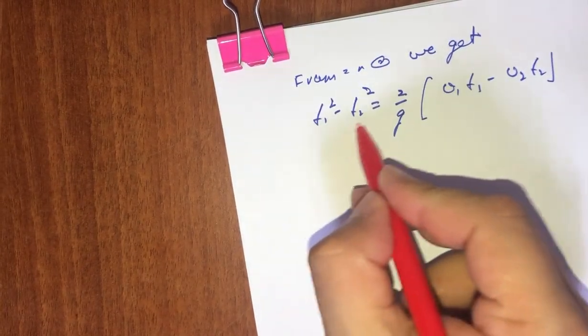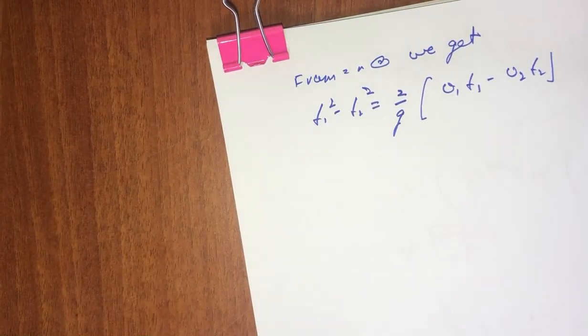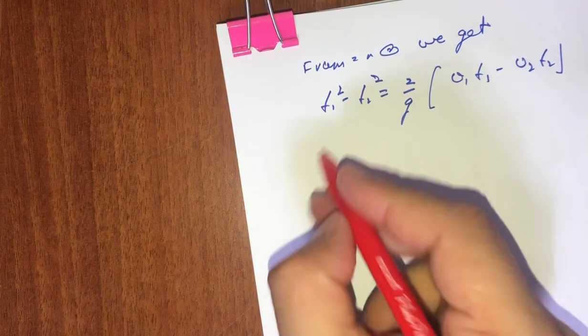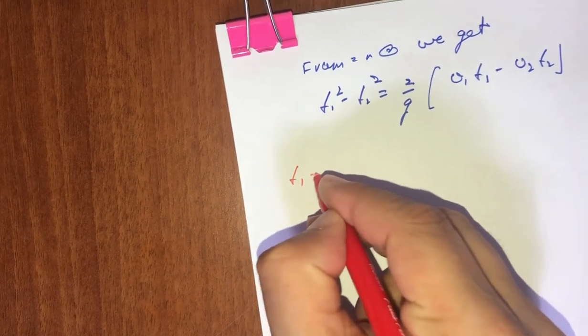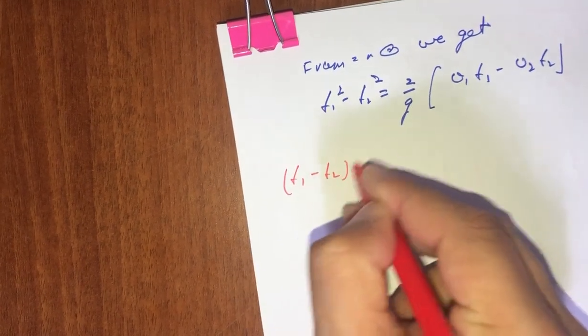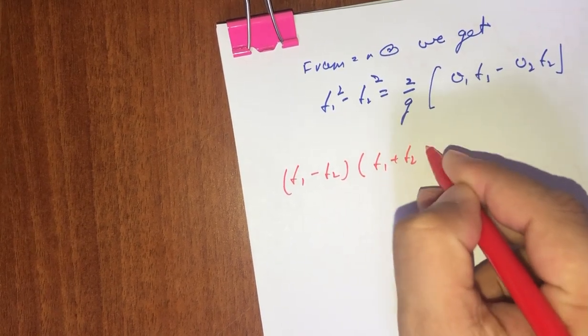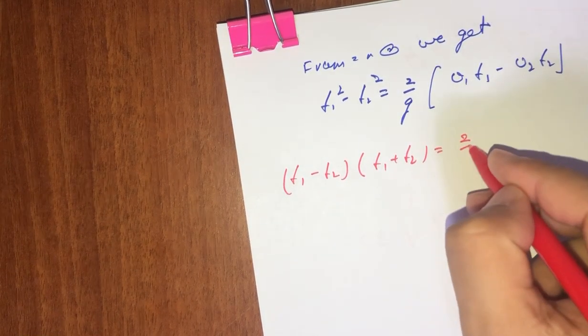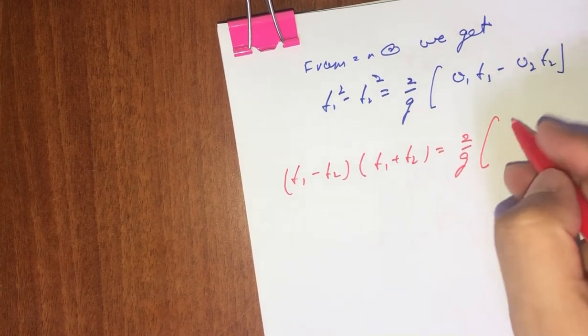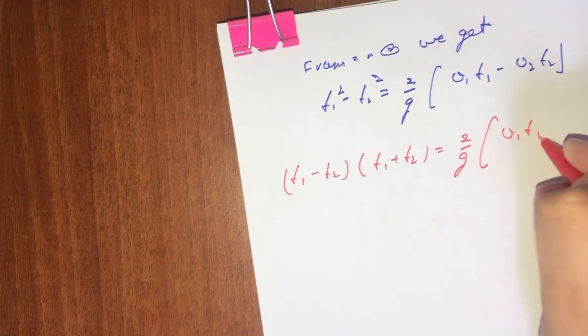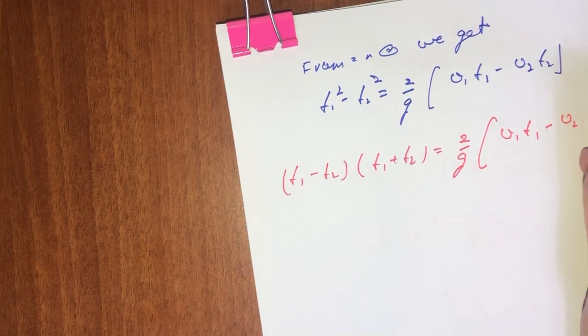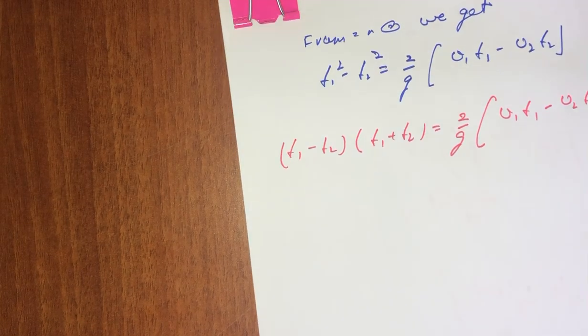If you open the left side, this square can be written as t1 minus t2 multiplied by t1 plus t2 is equal to 2 upon g times v1 t1 minus v2 t2.